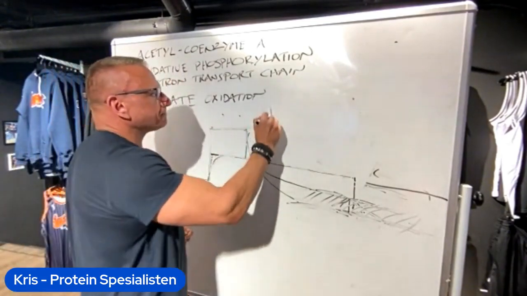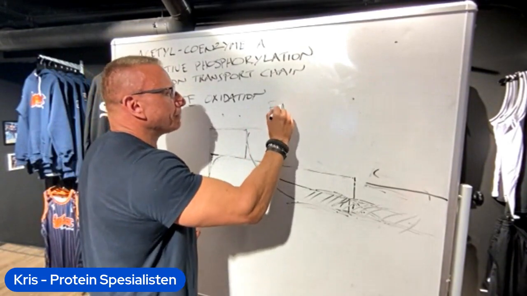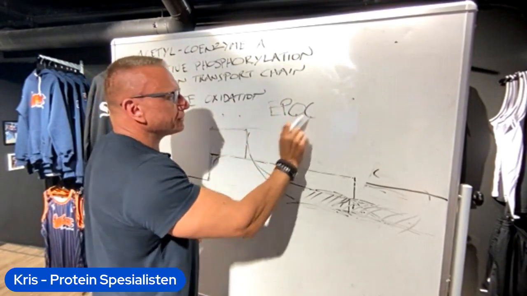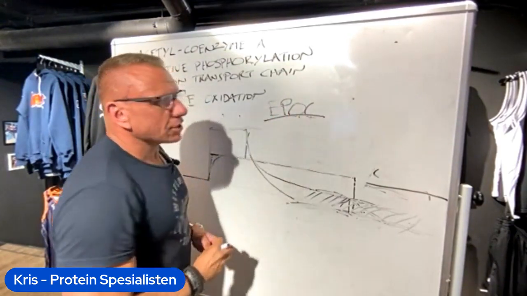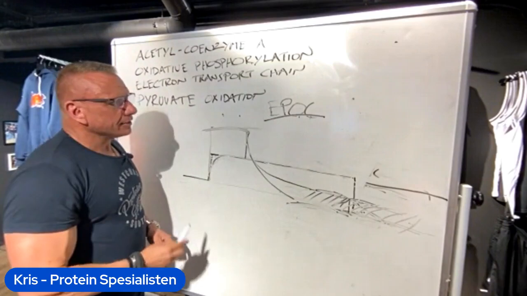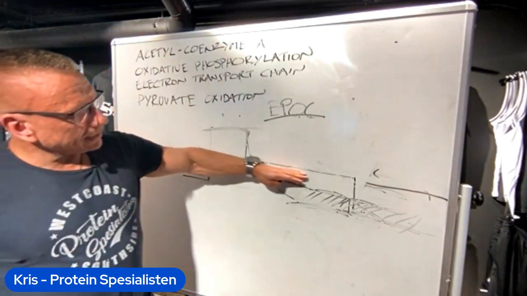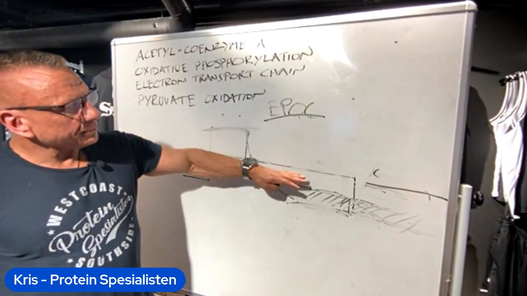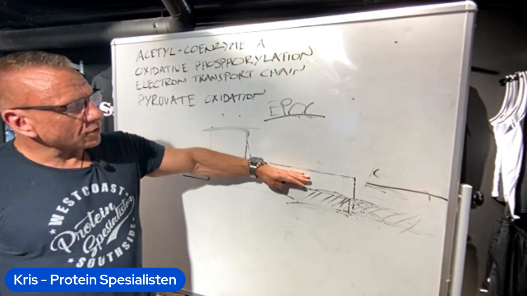And what they call that is EPOC, exercise post oxygen consumption. EPOC is highest after, obviously, intense training, because if you're cruising along here, there's very little oxygen needed because your oxygen wasn't deprived.